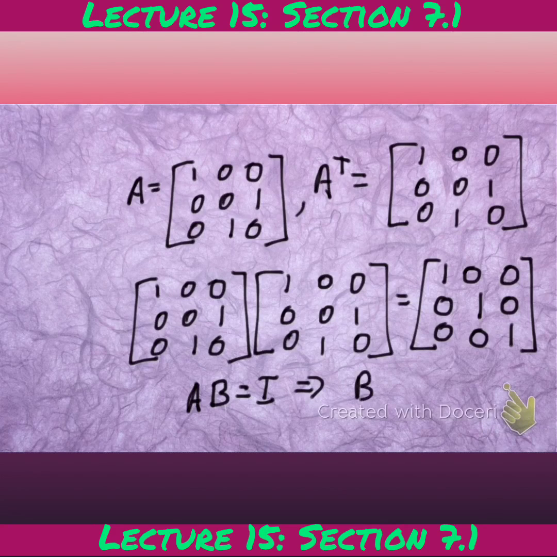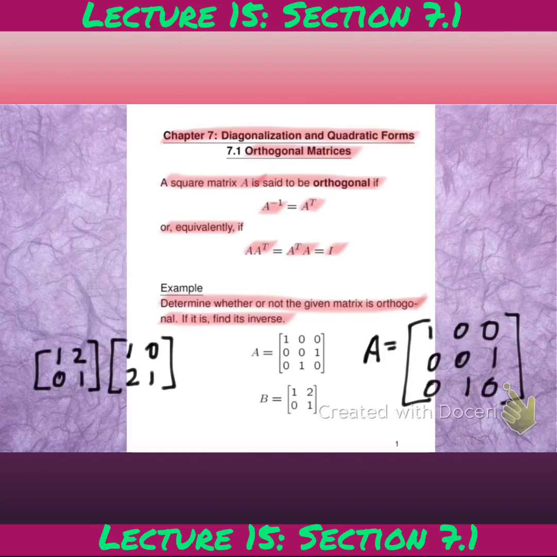It's going to immediately imply that B is A's inverse. So you can easily see then that A's transpose is going to be its inverse, and therefore that matrix is clearly orthogonal.